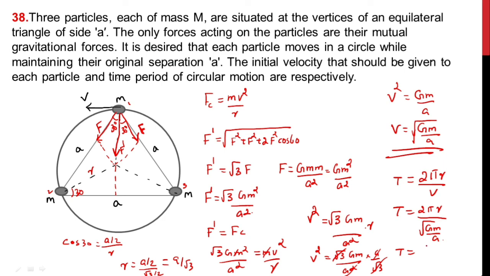So you will get the answer T equal to 2 pi A to the power 3 by 2, all divided by root of 3 G m. So this is the final answer. Hope you understood this one. Thank you.